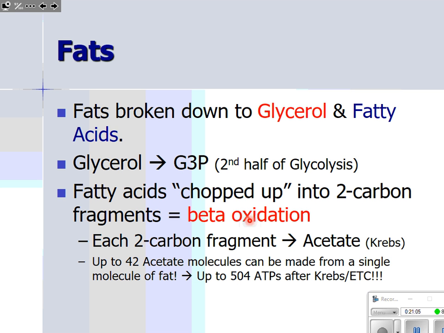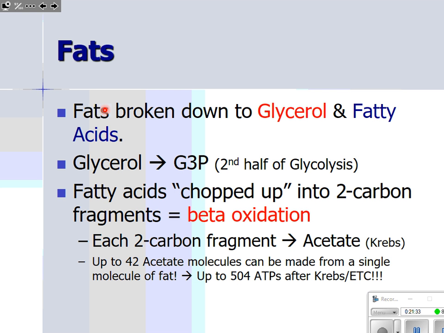There's no contest. Fat is a very energy rich compound. But obviously, when you break down fat, when you digest fat, either breaking down your own stored body fat or digesting the fat that you eat in a cheeseburger, there's no way to convert that fat into glucose because fat is not a carbohydrate.